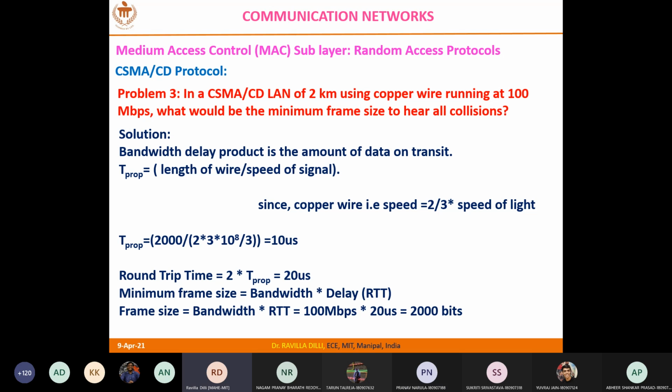Sufficient data is given to you. 2 kilometers is given and it is mentioned that it is copper wire. So what is the velocity of the signal in copper wire? In the physical layer, I have clearly told the velocity of the signal in copper wire.